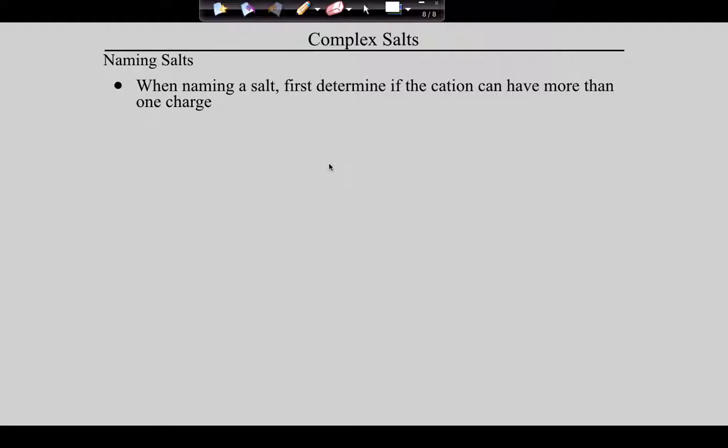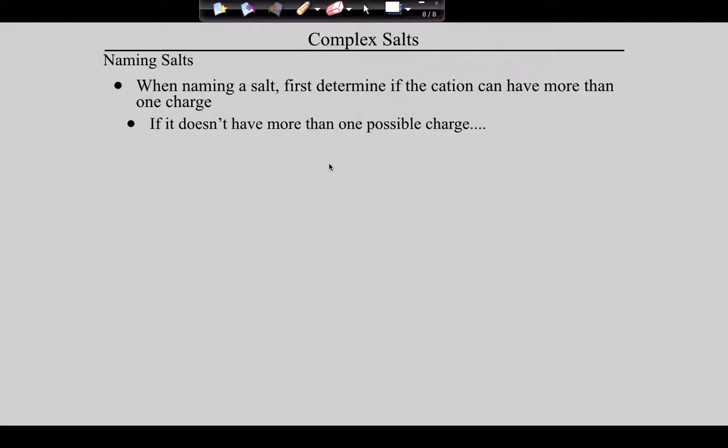Now why do we care? Well, we learned about that last time. Remember that we use Roman numerals to determine which charge to use if they can have more than one. So asking this question is actually a question of whether or not we need a Roman numeral. So it goes like this.